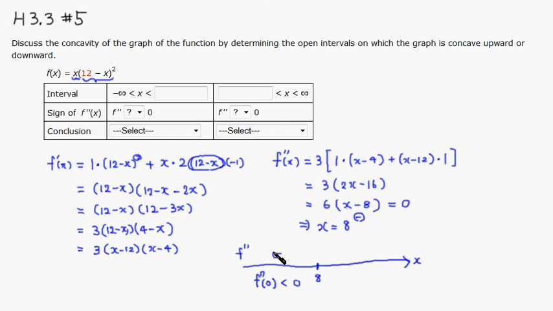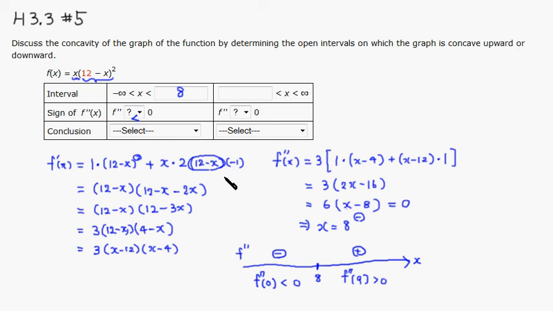And if you plug in anything larger than 8, say 9, then you can see that 9 minus 8 is positive. So on the interval from negative infinity to 8, we know the sign is negative, so f double prime is less than 0.